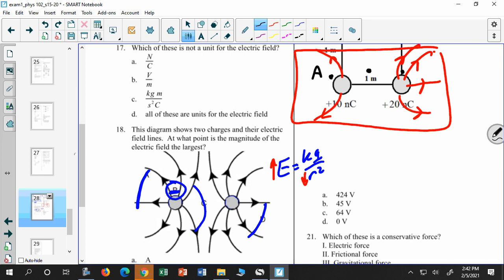We'll do A, B, C. It's going to be at C. Now notice that this point is really close to this charge, but this is a smaller charge. So here, I'm close to the big charge. My electric field lines also are closer together there. I can tell that. But C is going to be where the electric field is biggest. You understand that? Sure.